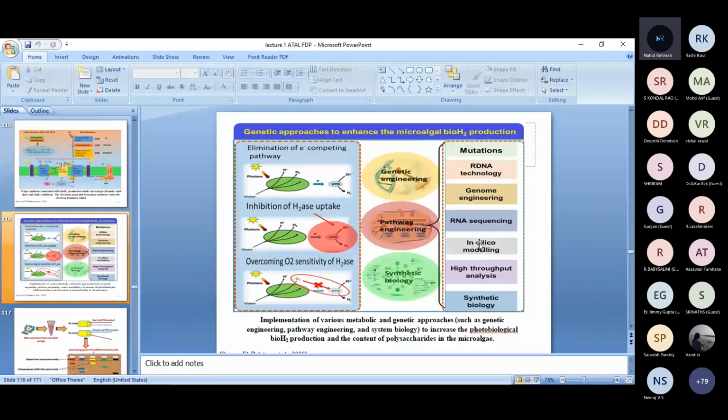And after getting the in silico information, you will get the input on what new you can do for improvising your process, and that improvisation involves the knowledge of genetic engineering as well.